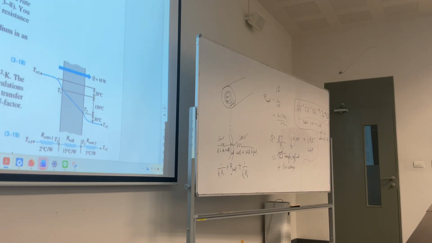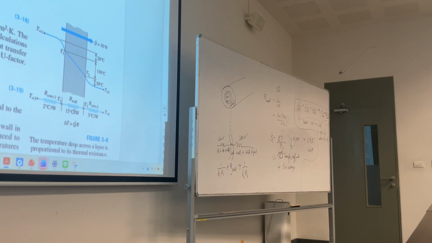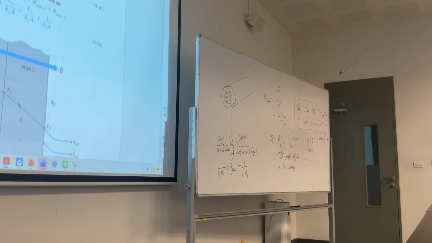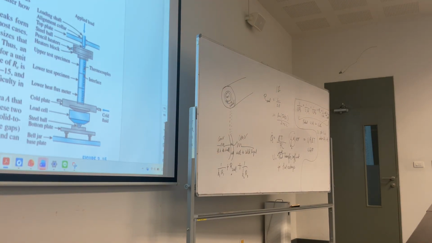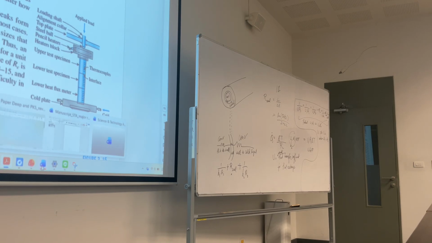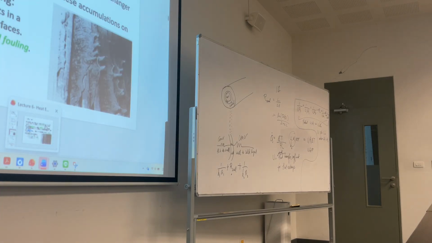Okay, it's not difficult. Same convection, this is conduction, this is convection. And then if you remember, we studied this thermal contact resistance, right? Similarly to this, in a heat exchanger we have fouling factor, which decreases the heat transfer.